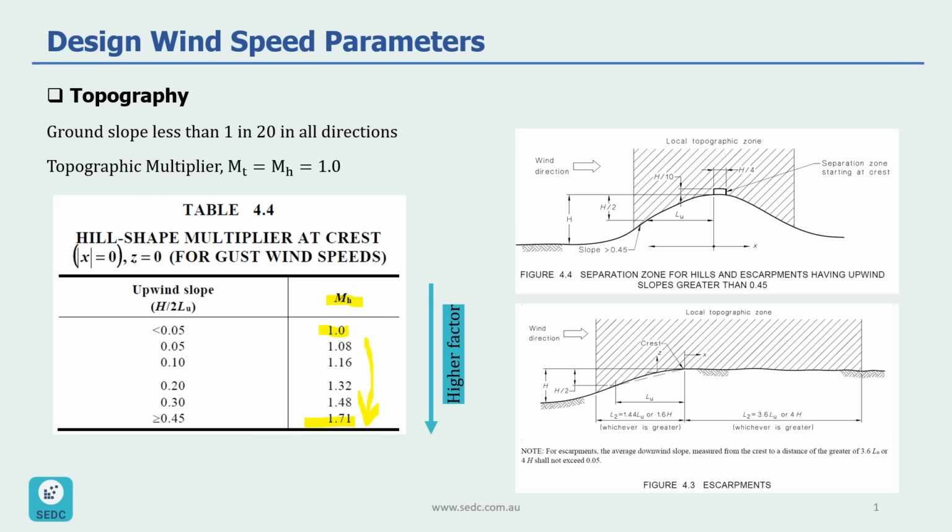L and H are shown in figures 4.4 and 4.3 for the hill or for the escarpment. H is the height of the hill, and LU is the horizontal distance from the top of the hill to the location where we have half of H from the top of the hill. Similarly, it's shown for the escarpment here as well.